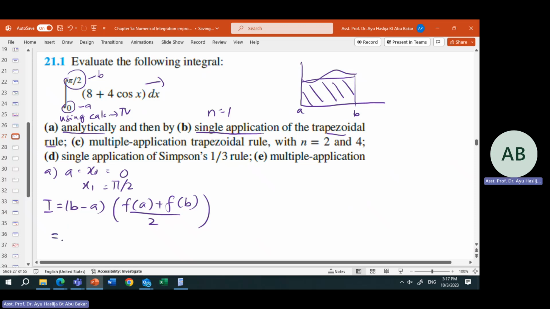In order to use this equation, you need to find f(a) and f(b). How to find f(a) and f(b)? Using the function over here.